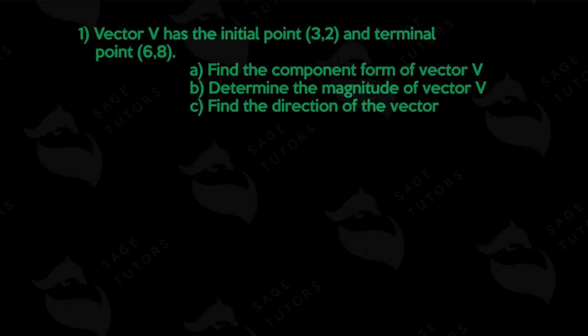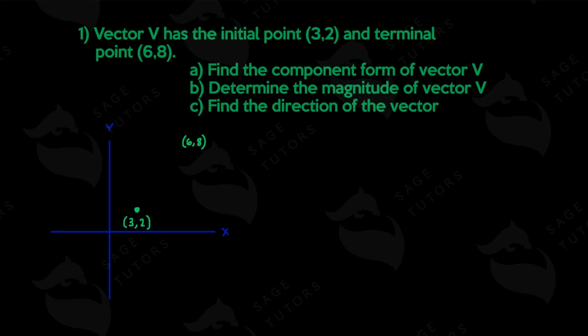In order to do so, we can graph the vector in a coordinate plane. I'm going to draw my coordinate plane right here. We know that the initial point is (3, 2), so let's draw it right here. And the terminal point would be (6, 8), so it would be around here.